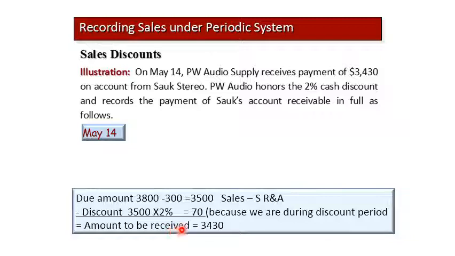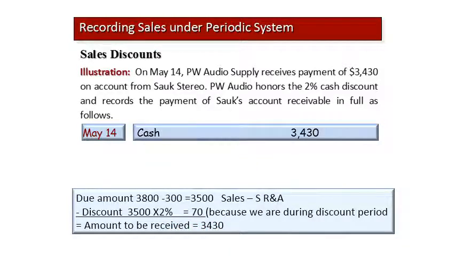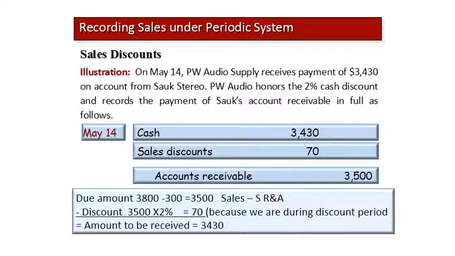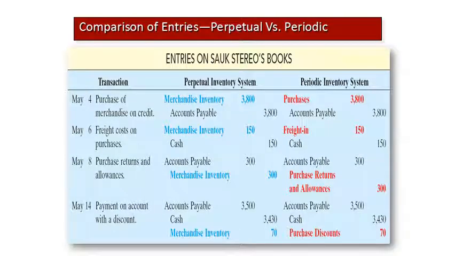So here we will receive 3,430 cash, so the entry will be cash debit 3,430, and you will have sales discount 70. Here sales discount is debit. Why is it debit? Because it is the opposite of the sales credit, so the sales discount is debit, and accounts receivable is 3,500. Okay, what about the comparison of entries between perpetual and periodic?